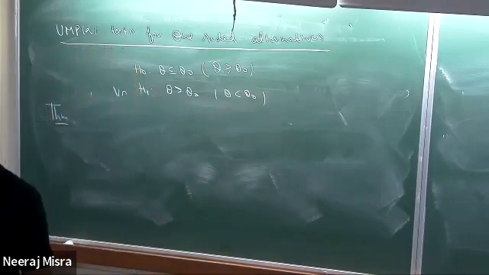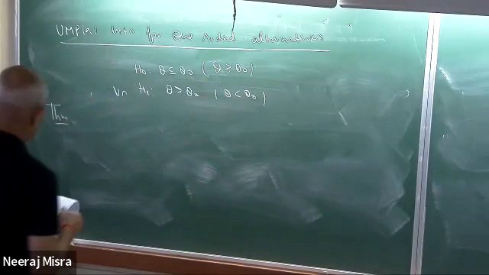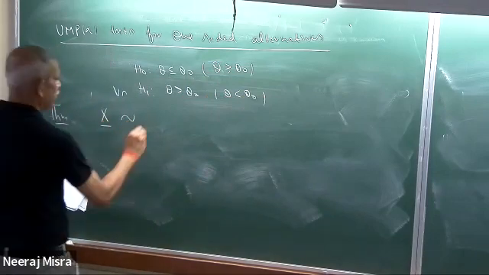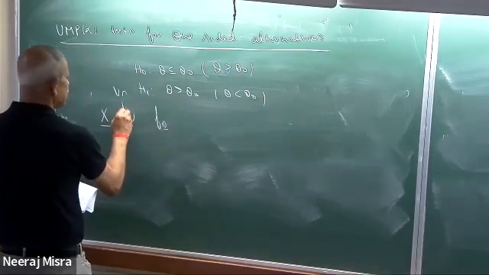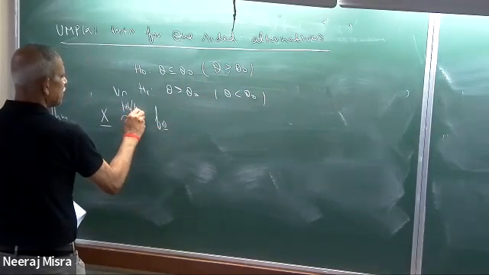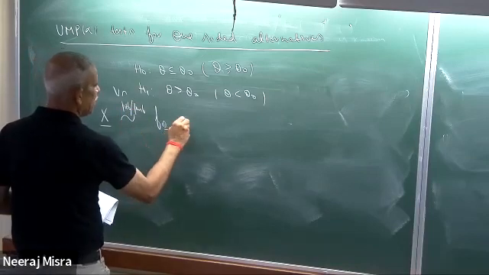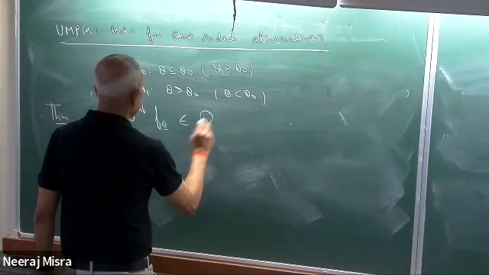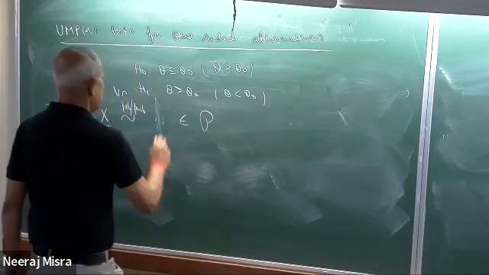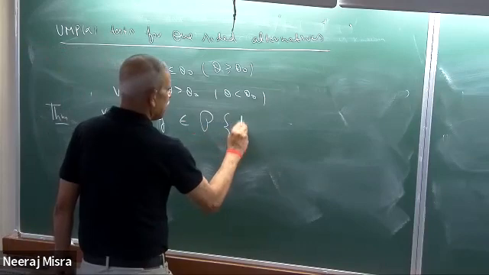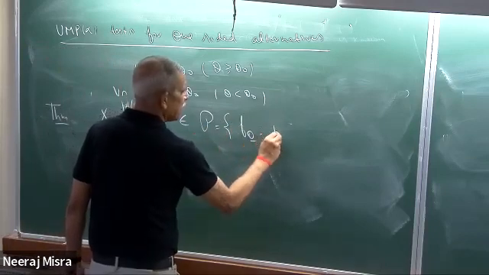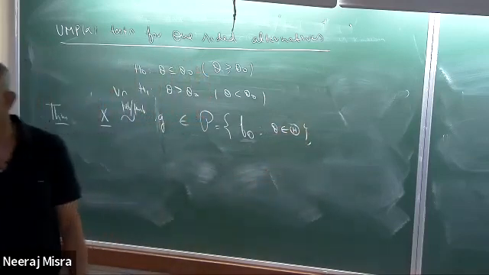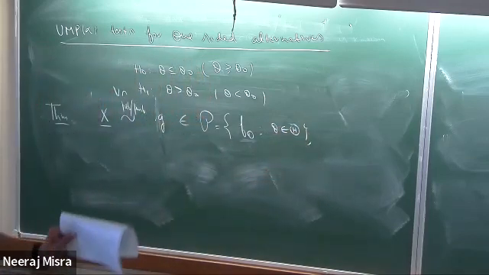So suppose X has a PDF f theta. This could be PDF or PMF, which belongs to a family P. Let me call this as a distribution G, which belongs to the family f theta, theta belongs to capital theta. So these are one parameter family of distributions.